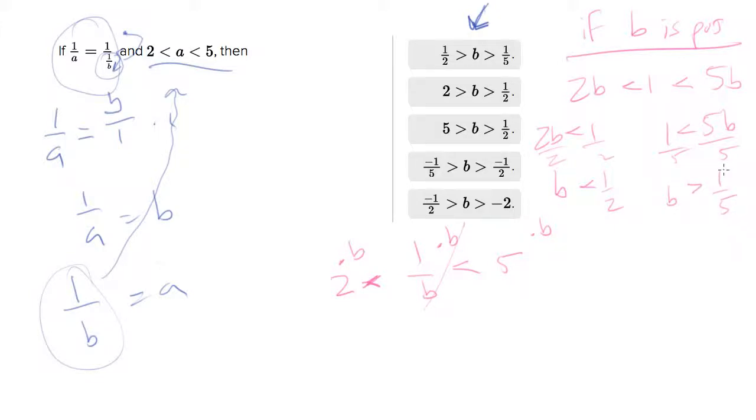So the answer is B is less than 1/2 and greater than 1/5. So let's rewrite this like this. B is greater than 1/5 and less than 1/2.